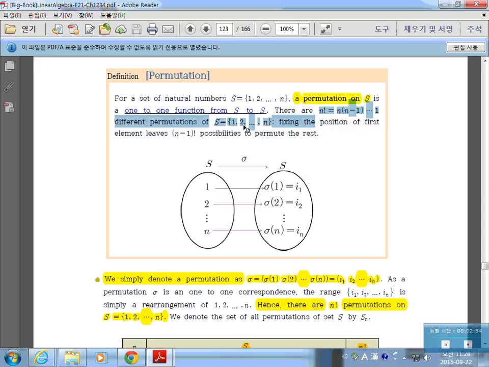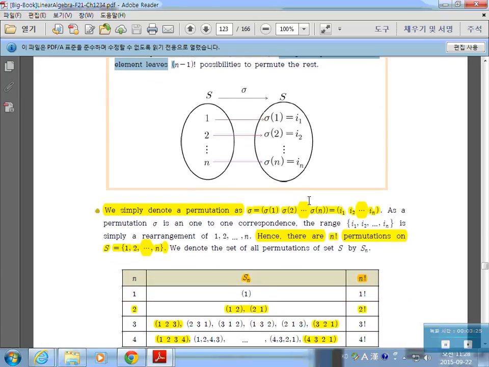which is the set of natural numbers from 1 to n, because fixing the position of the first element leaves (n-1) factorial possibilities to permute the rest. So n times (n-1) factorial makes n factorial as the full count of these one-to-one functions.